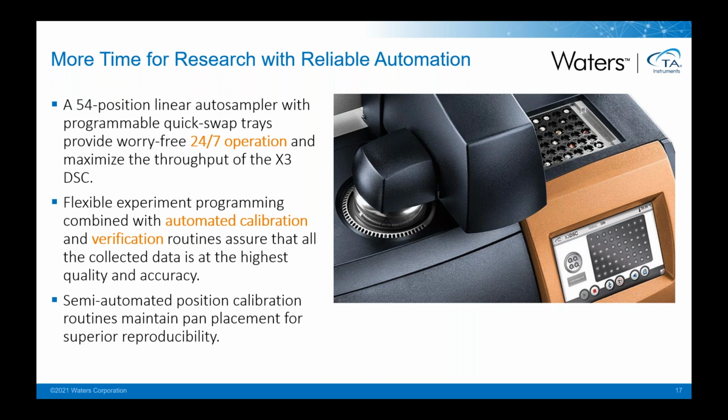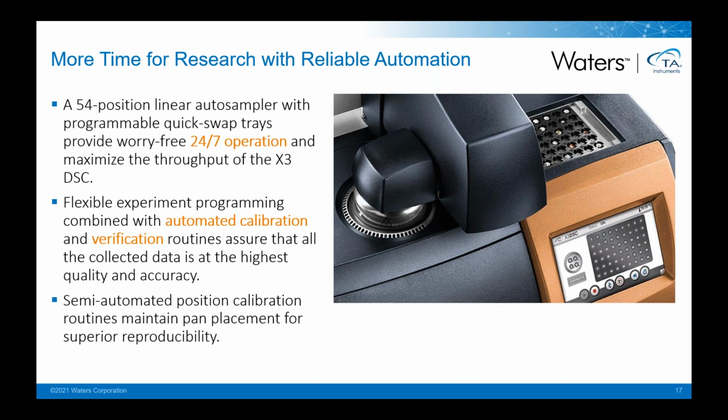And just like many of our other Discovery DSCs, there's still the 54 position autosampler, so it's going to provide you a level of 24/7 operation, maximizing the throughput, whether it's running through lots of samples every day, or running through critical samples when it's necessary.